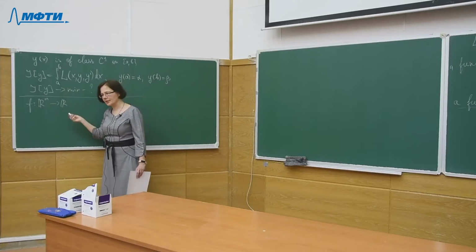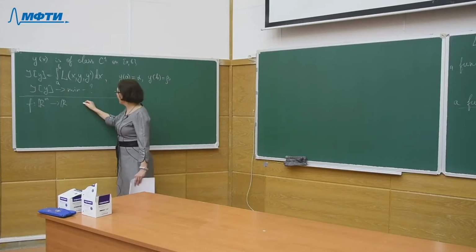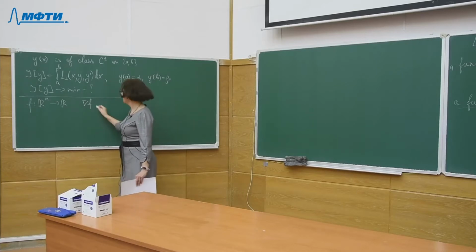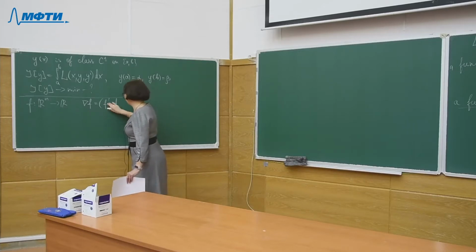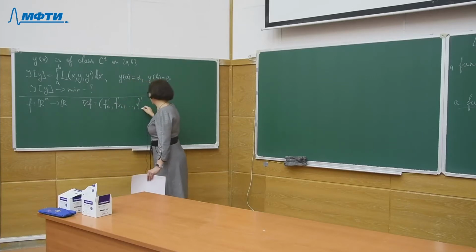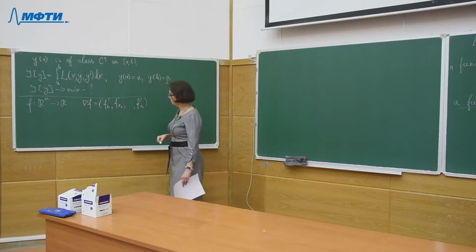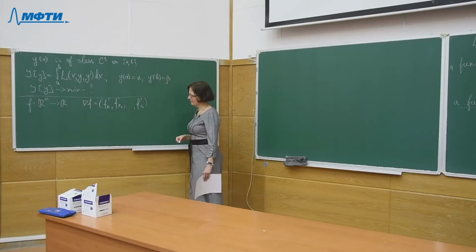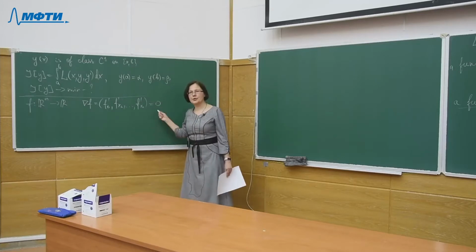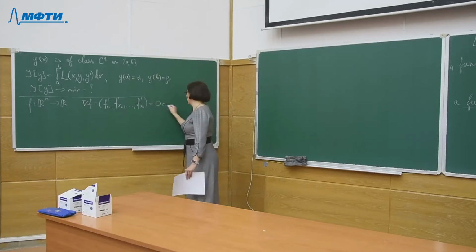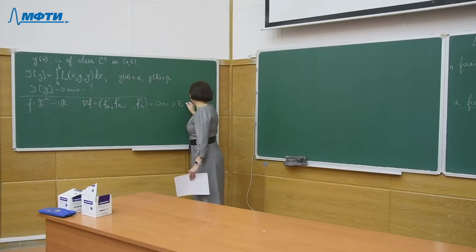What does it mean, critical point of f? We must find the gradient of f, which is equal to the first derivatives with respect to x1, x2, up to xn. And we equate this gradient to 0, and then x0 is a critical point.